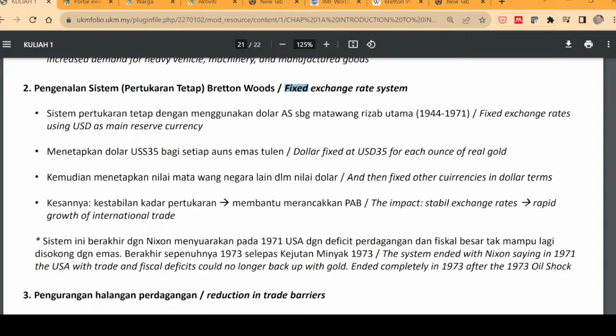For example, suppose the exchange rate is not fixed. Today, the exchange rate is 3 ringgit equals $1. Last week, it was 2.50.